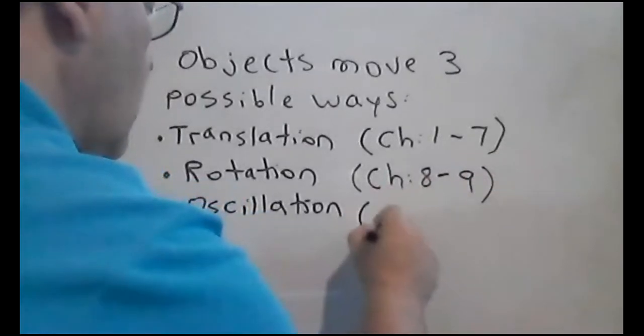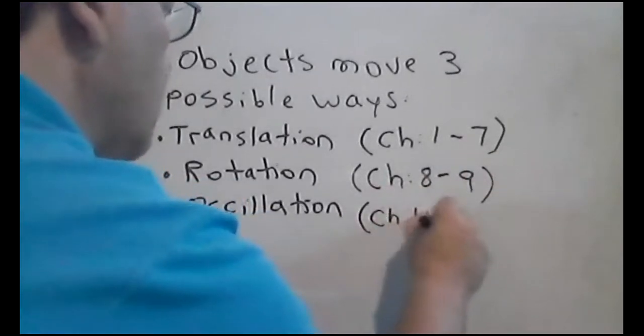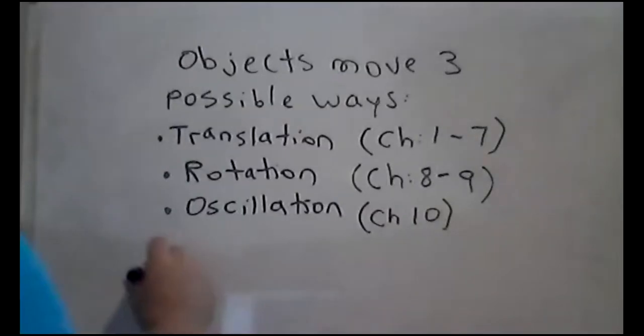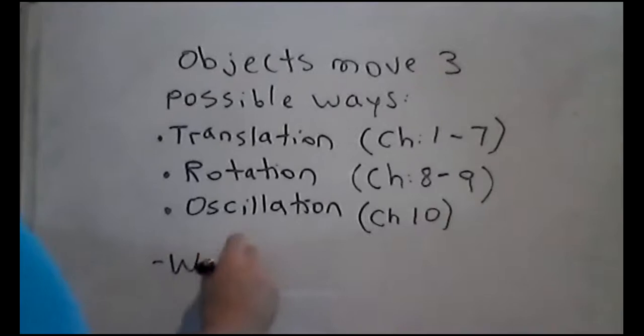Tonight, we're going to go into chapter 10, which is oscillation. And we're also going to discuss waves. And as I've said before, waves do not actually belong in any of the theories. They are ubiquitous. They are across all theories. Waves are actually a state of being. If we go to physics 2, to quantum theory, we find out that all objects in the universe are both waves and particles.